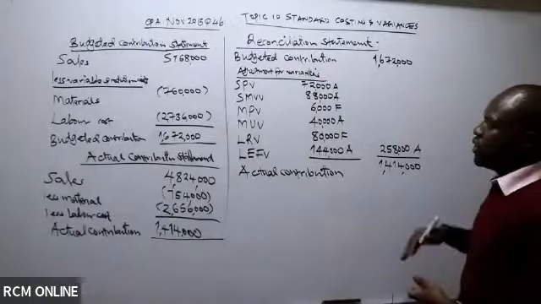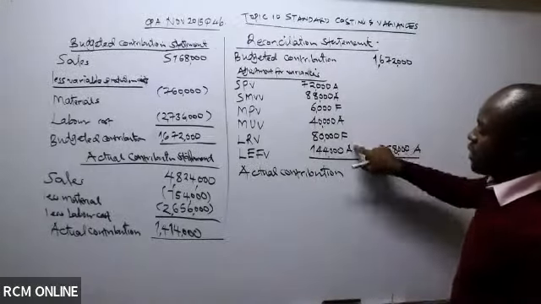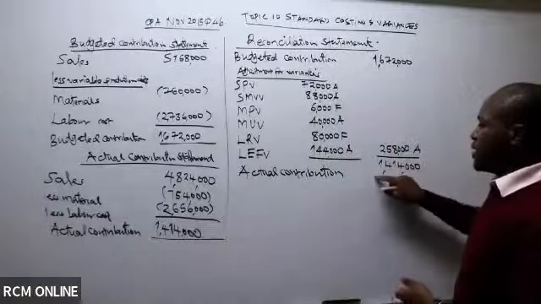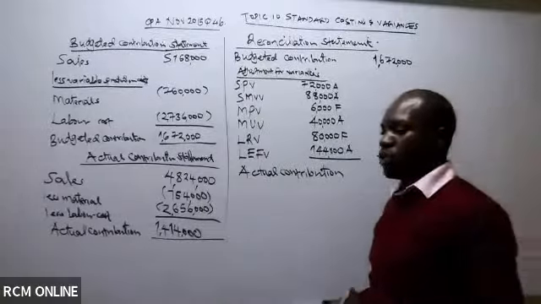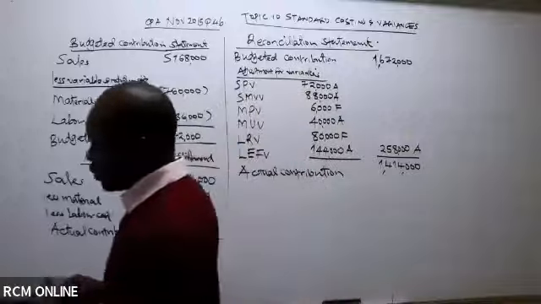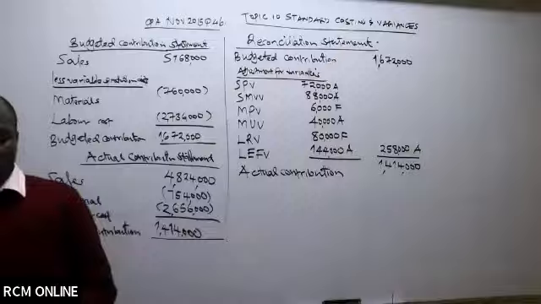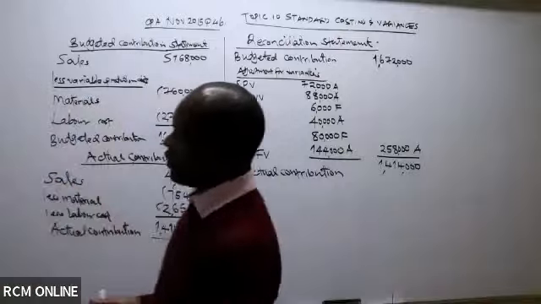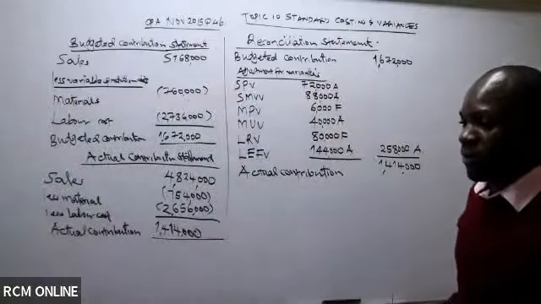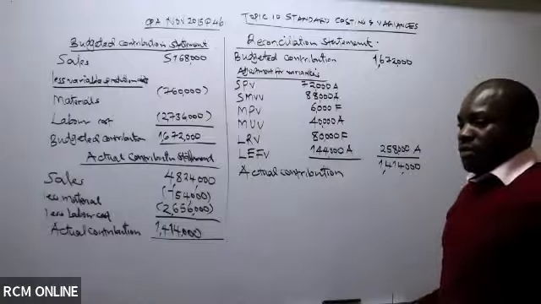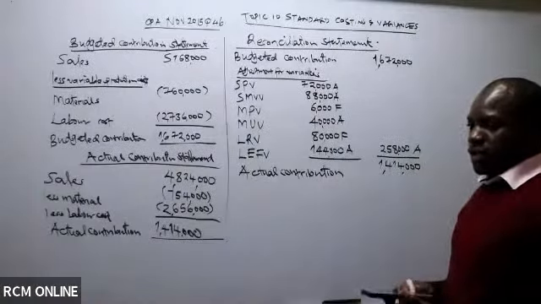And of course, if you get the net effect of these variances, it gives us the actual contribution. So do you now have some knowledge of dealing with the reconciliation statement?